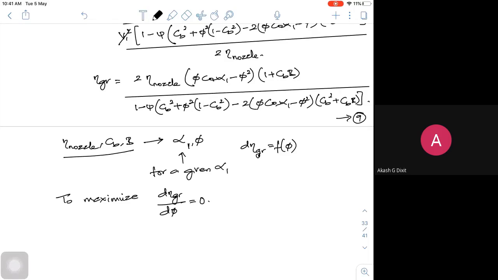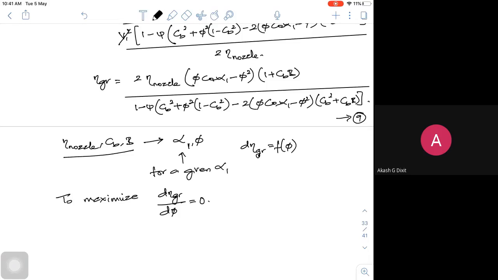Just to give you the information, if I differentiate, I'll get some relationship in terms of phi square, psi, and alpha, and equate it.